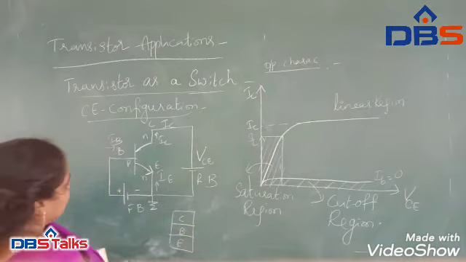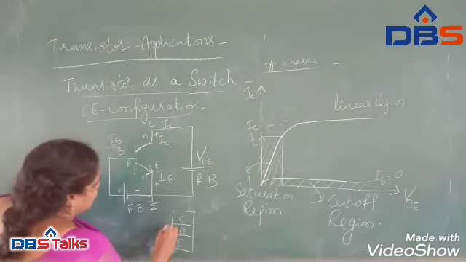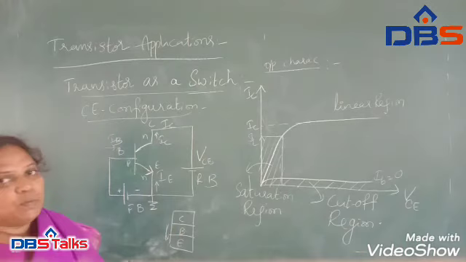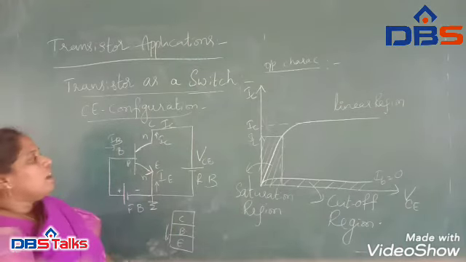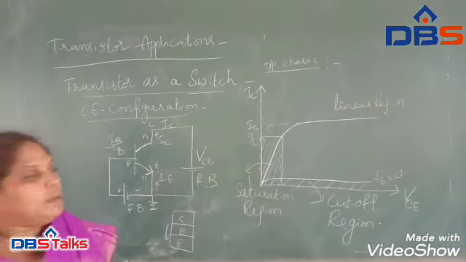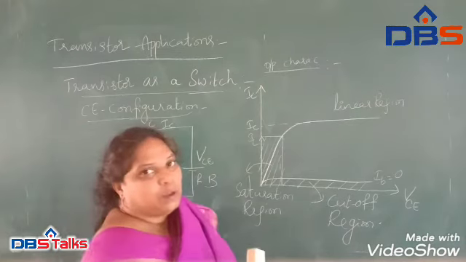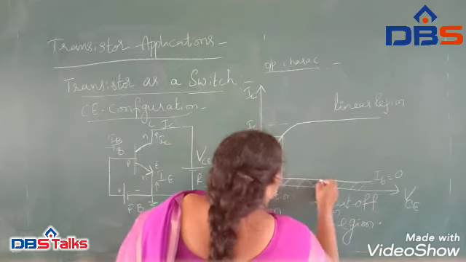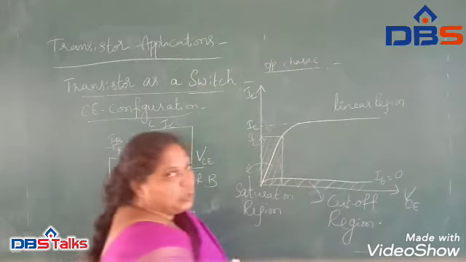The current from base to emitter will be a very small value, a negligible current. That's why we say the region below is IB equal to 0.